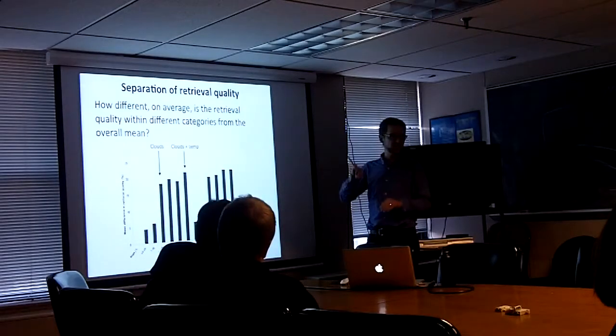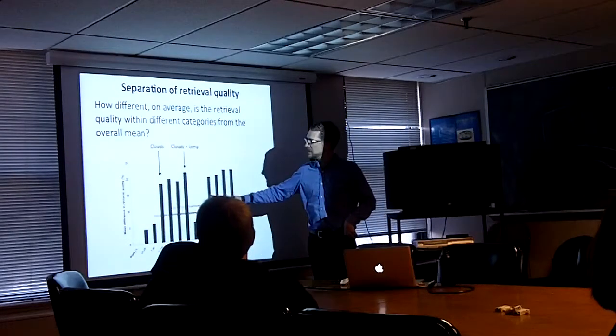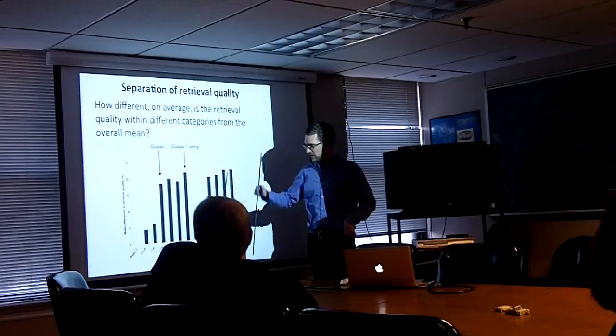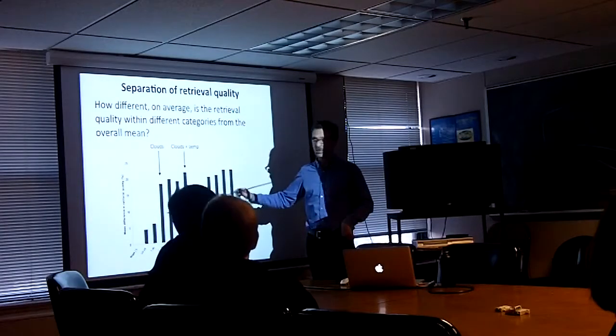So if they're all 65%, then you're not separating good from bad very well. And so this is the mean difference for each bin within a categorization and the overall mean.